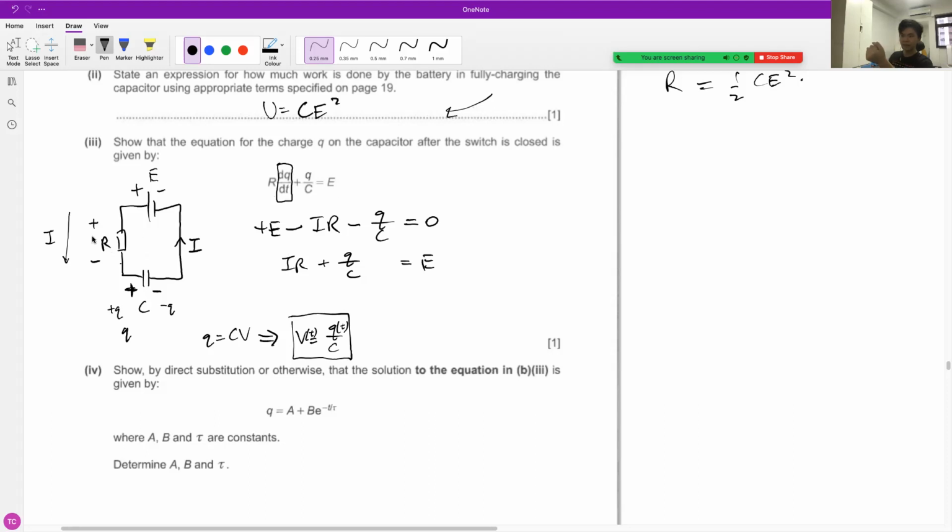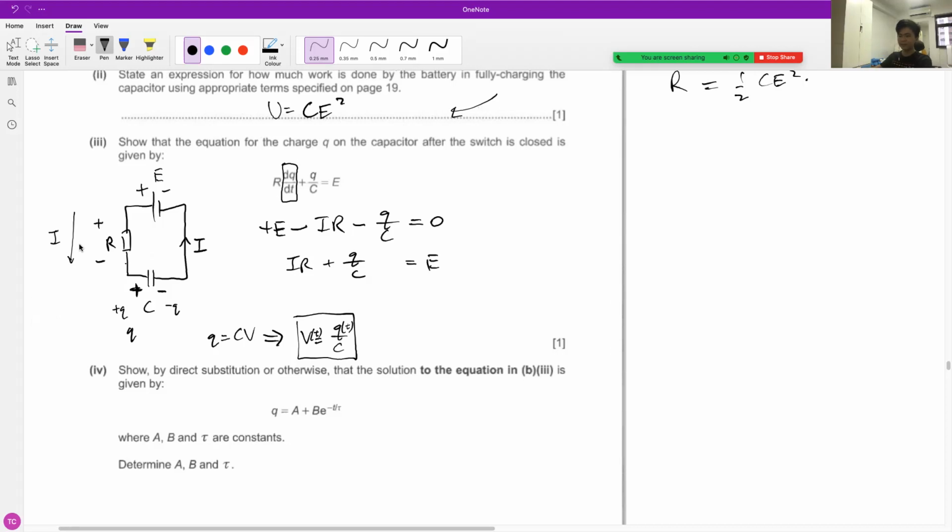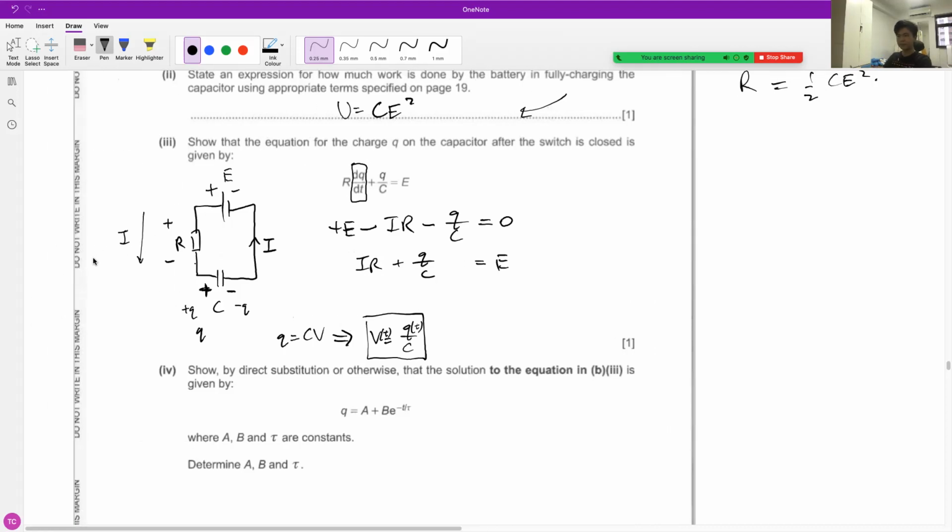In this case, it makes sense because imagine a positive current I. If this is positive, then the charge is flowing in an anti-clockwise direction, and it's increasing the positive charge on the left-hand side of the capacitor, which is denoted plus Q. So the fact that if I is positive, your charge is increasing, ties in nicely with this definition.